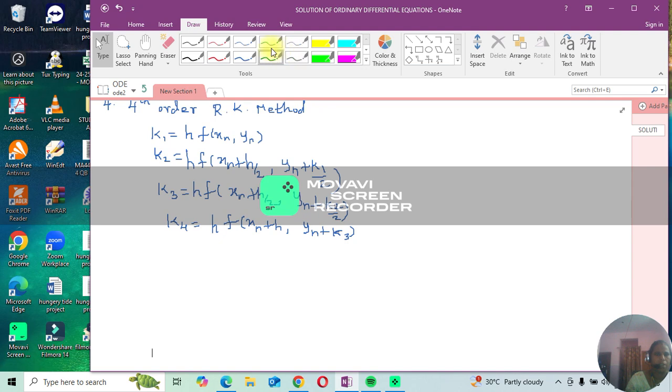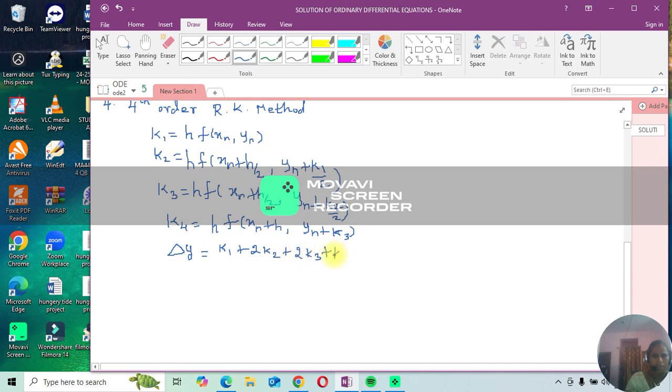After that we find the increment value of y for each and every step. For one particular point we need to find k1, k2, k3, k4 and this delta y. The delta y formula is k1 plus 2k2 plus 2k3 plus k4, and this whole term divided by 6.